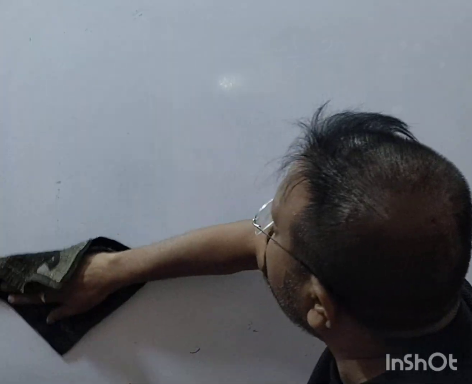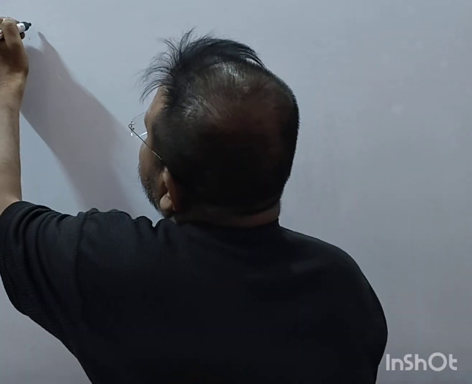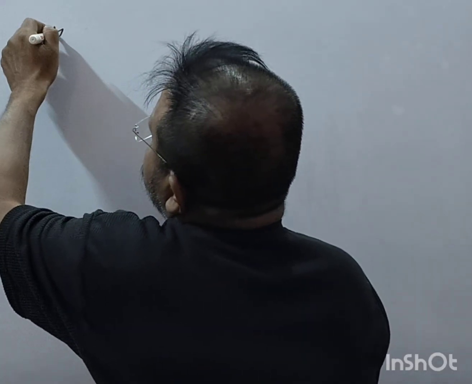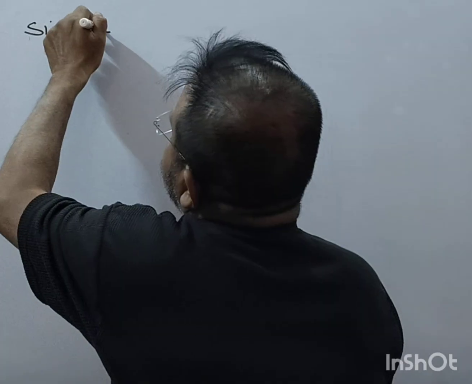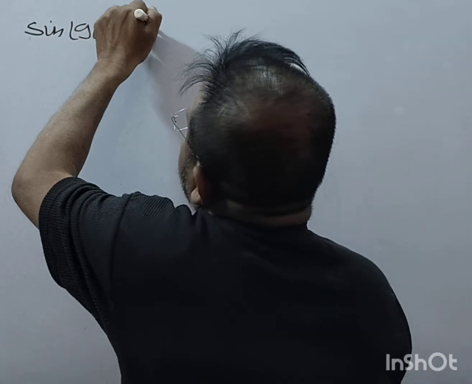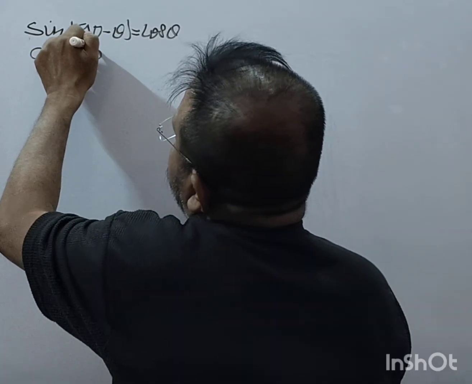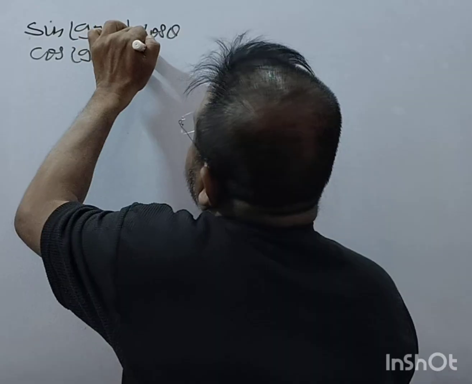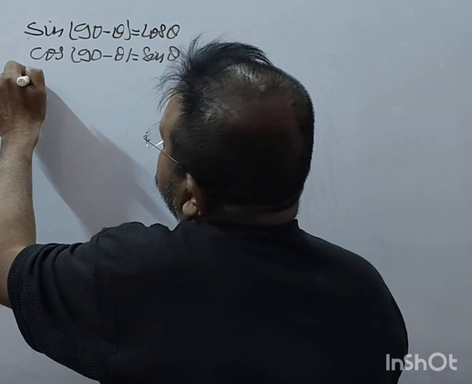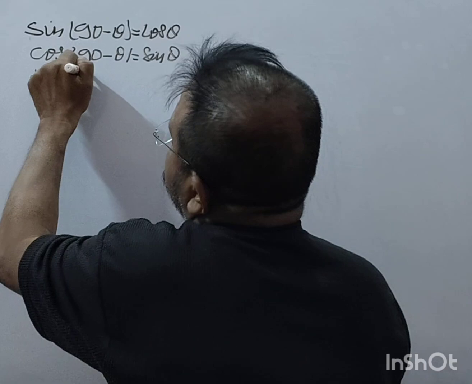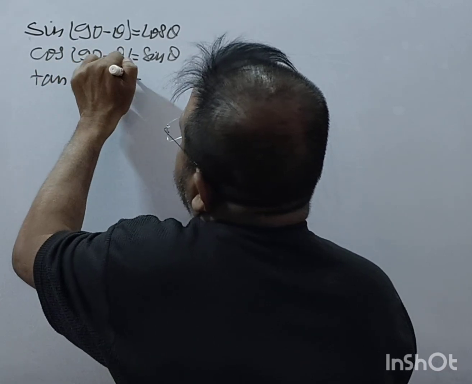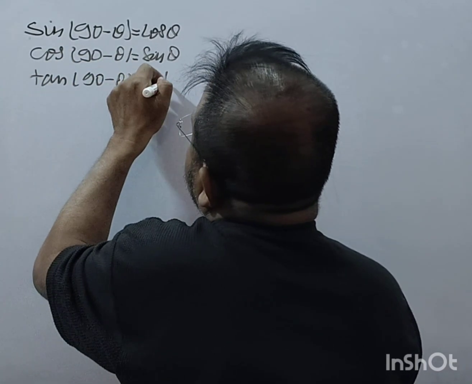I told you the formula sine 90 minus theta is equal to cos theta. Did you remember? Cos 90 minus theta is equal to sin theta. Tan 90 minus theta is equal to cot theta.